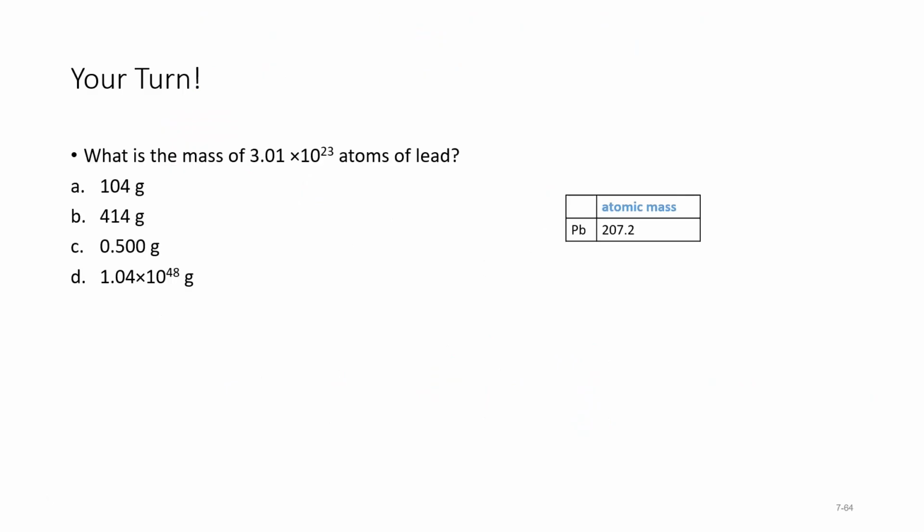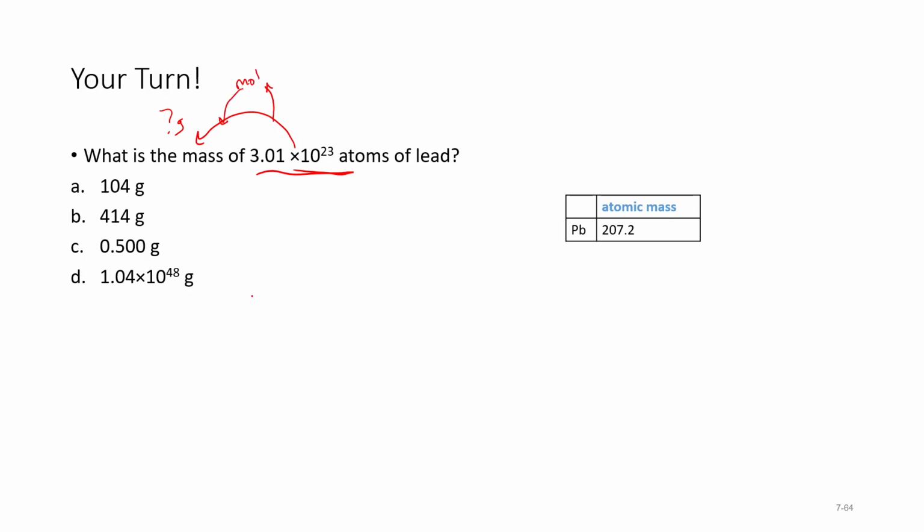All right, so go ahead, pause the video, work through this one. Okay, so when we look at this one, we're starting with atoms and we're converting to grams. But we have to have that intermediary step of moles. So we have to go to moles before we can go back to grams.